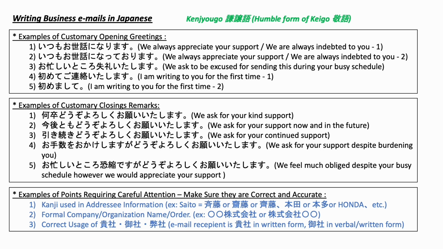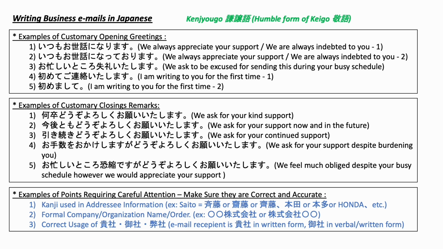For example, we need to make sure we are using the correct and accurate kanji for Saito-san or Honda-san, as there are multiple possible kanji characters for the same sounding names. First thing we learn in Japan when we start working is to memorize clients' names correctly and accurately, so this mindset is really the backbone of the Japanese business culture.